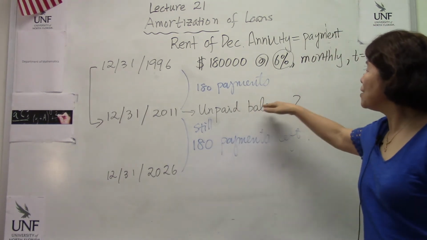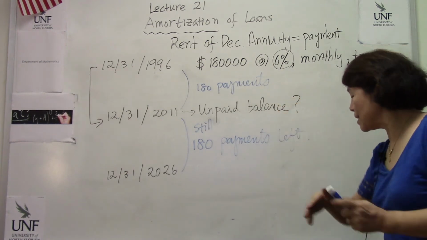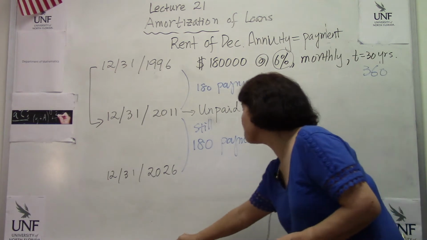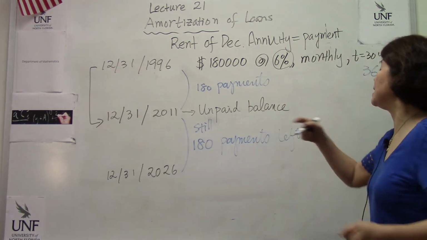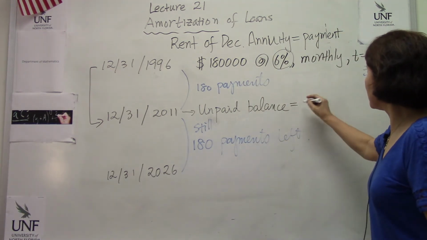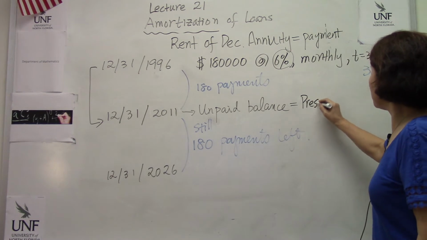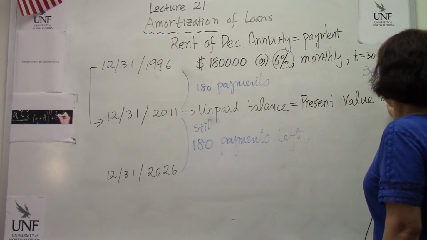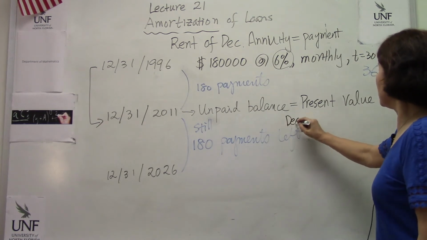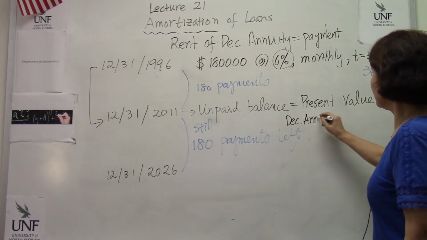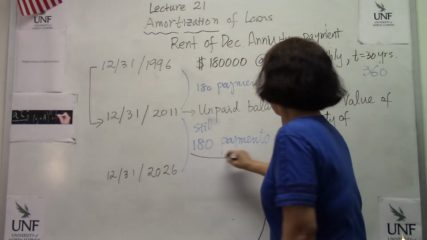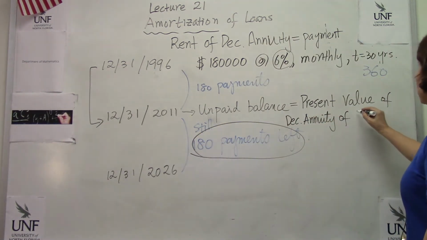Therefore, the unpaid balance at this point is, this is very important, okay? The unpaid balance is the same as the present value of decreasing annuity of this one, 180 payments.